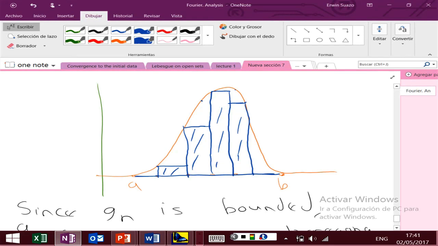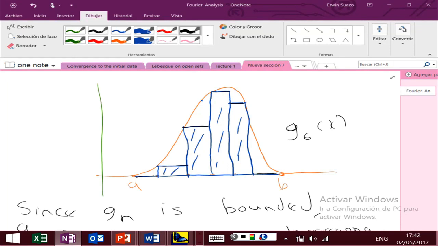Oh no, the blue one is just 1, 2, 3, 4, 5, 6. This is G6. Oh, just the lines. They are all equal, right? We divide into partitions.